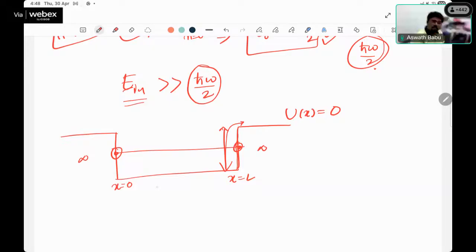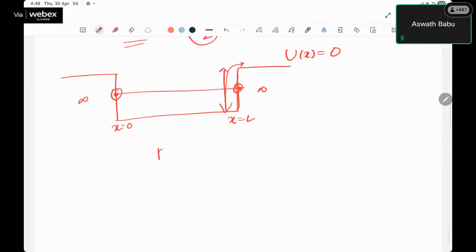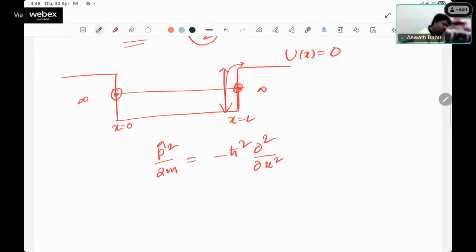In this case, you will have a differential equation. p squared by 2m is simply minus h bar squared by 2m times del squared by del x squared. I will write in terms of position x only; we can solve it for y and z similarly. So H psi is equal to E psi.